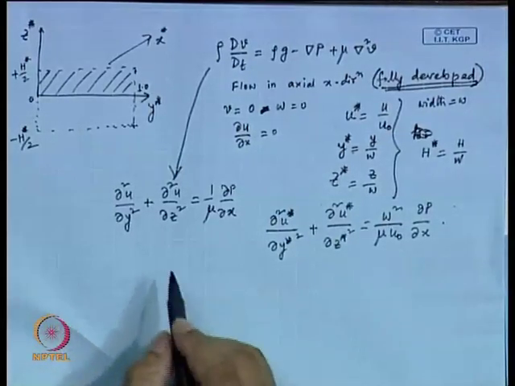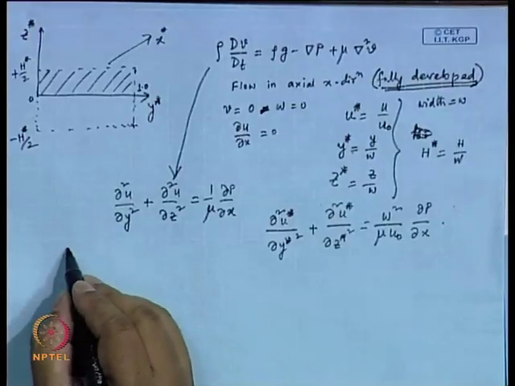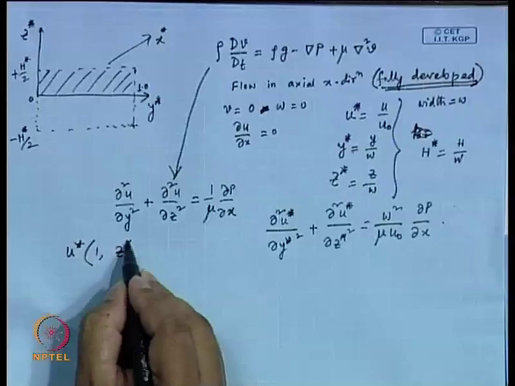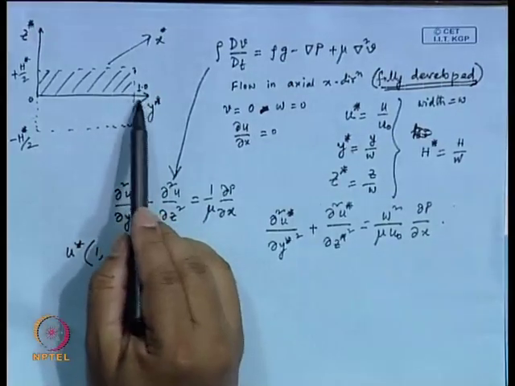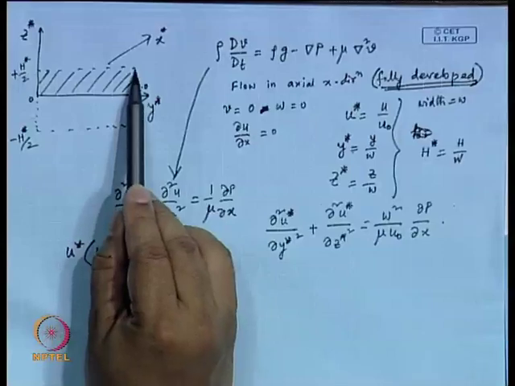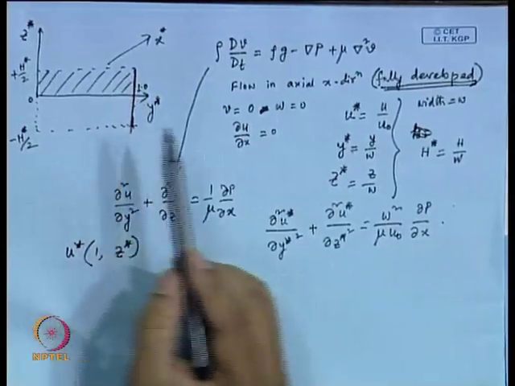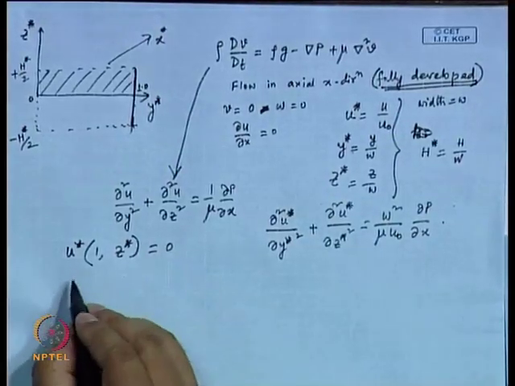And the boundary conditions would be simply u star at 1, z star, 1 means at this wall, for all values of z star, the velocity would be equal to 0 if you consider no slip.